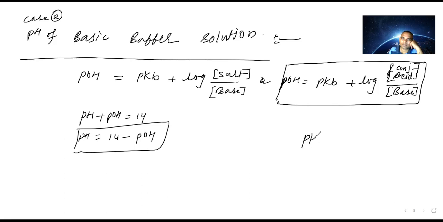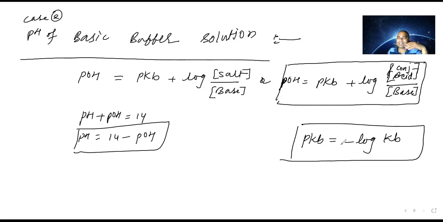And pKb is the base dissociation constant, right? pKb is the negative logarithm of the base dissociation constant, like pH, whose definition is the negative logarithm of the H plus ion concentration. Similarly, pKb is defined mathematically, logarithmically, as the negative logarithm of the base dissociation constant.